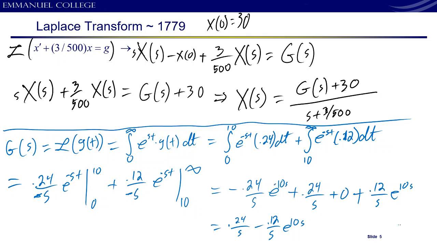Negative 10s. I'm going to get this right eventually. But so that gives us what g of t is, or the Laplace transform of g of t. So now our piecewise function is an algebraic expression.